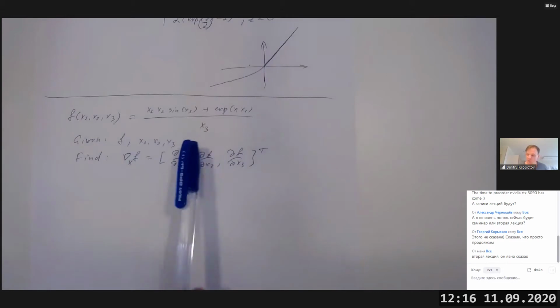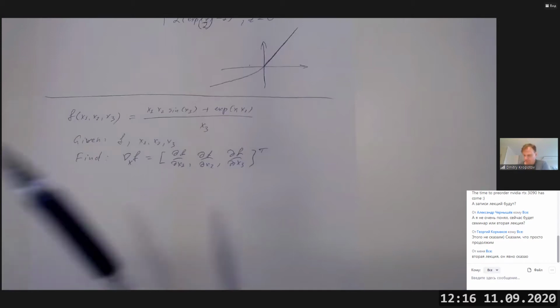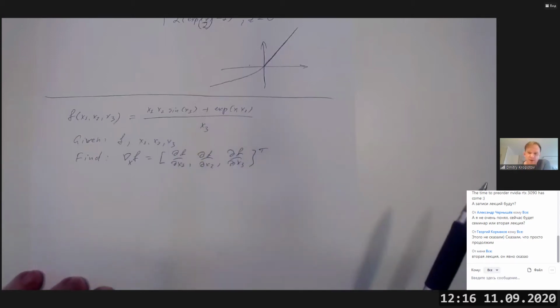What are possible ways to solve this problem? Generally speaking, we may reason about at least three possible different approaches. The first approach comes from mathematical analysis, the first course. Do a symbolic derivation. So you have some particular expression for a function.